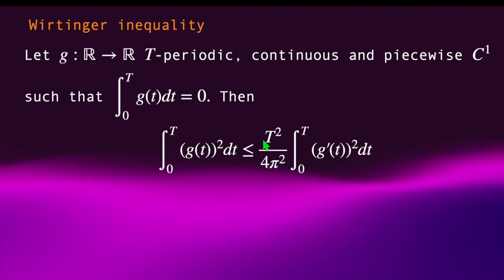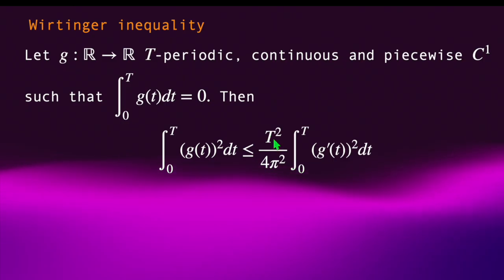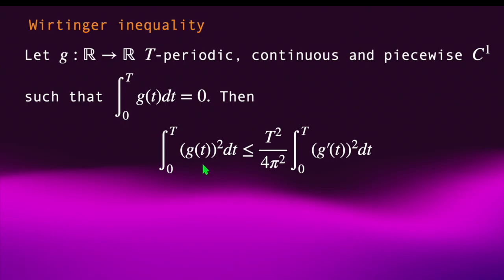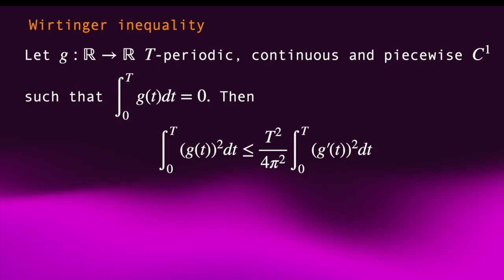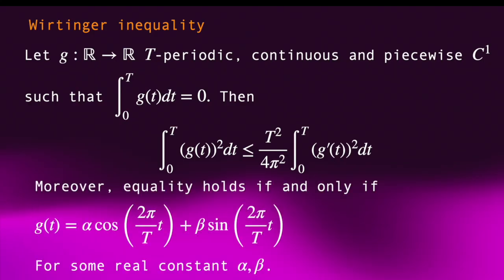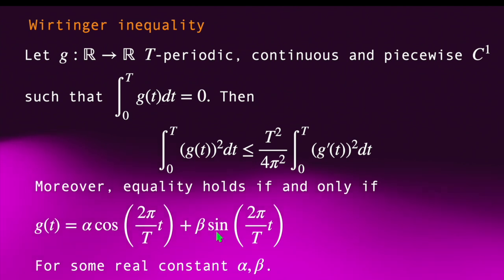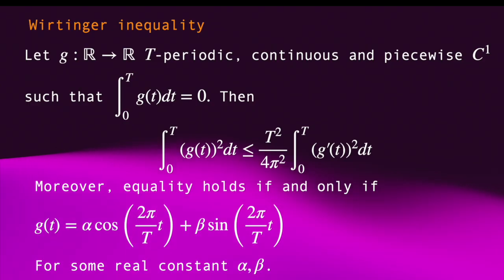When T is equal to 2 pi, here we get 1, and we get that. Moreover, we have equality if and only if our function is a combination of cosine and sine. So this is Wirtinger's inequality.